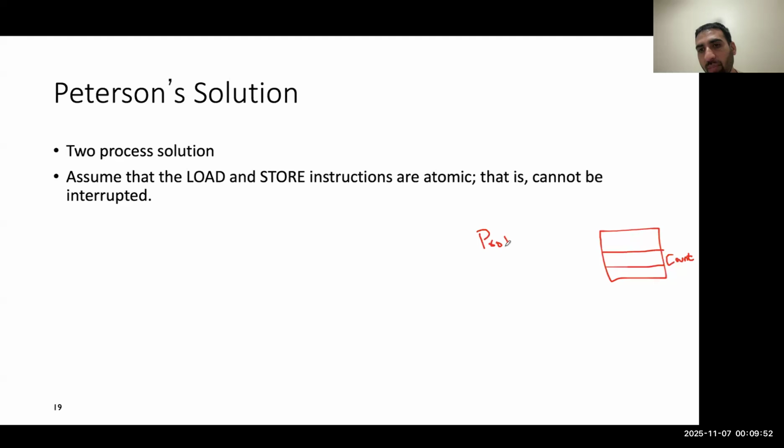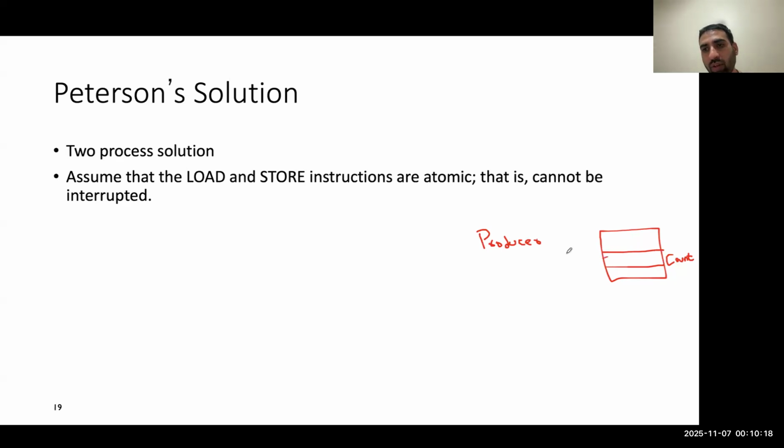But before updating, they need to bring the count variable into the register, which is known as loading. And once they have incremented the value of the count in the register, they need to write back the new value in the memory. This is called the store operation.